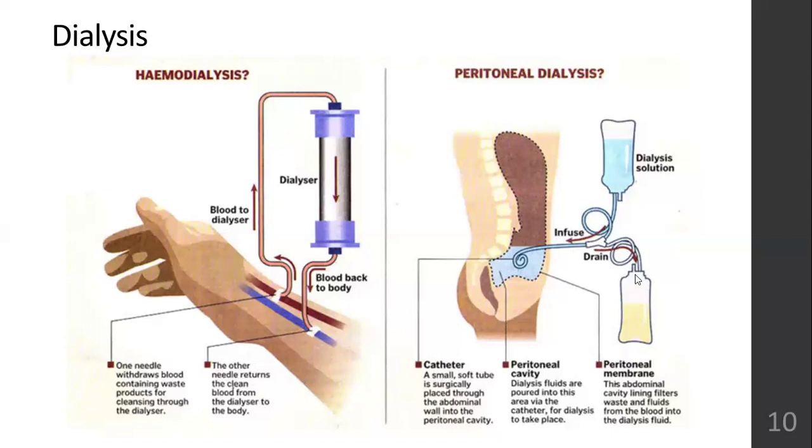In the drain you will have the filtered out waste, all the waste and the fluid that is not required, along with some blood, and it will be taken up into the drainage. So this is peritoneal dialysis.